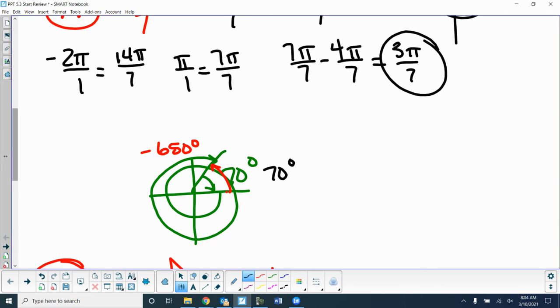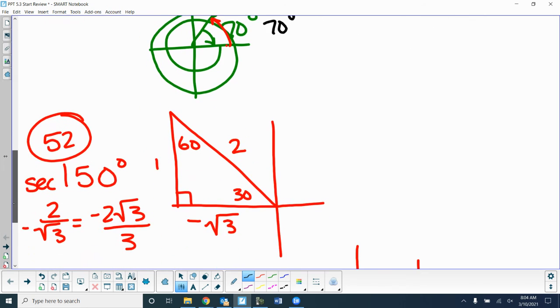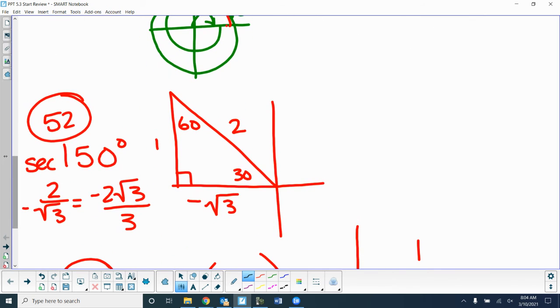All right, so number 52 says, use the reference angle theorem to find the exact value of the secant of 150. 150 is from here to here. So my reference angle is 30, and I can do my 30, 60, 90 picture. Opposite the 30 is always 1, opposite the 60 is the square root of 3.